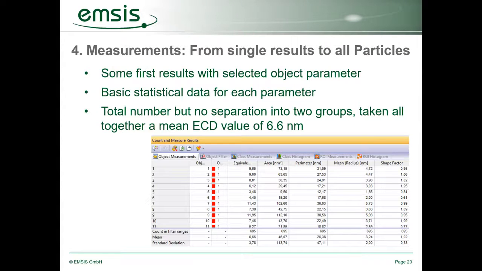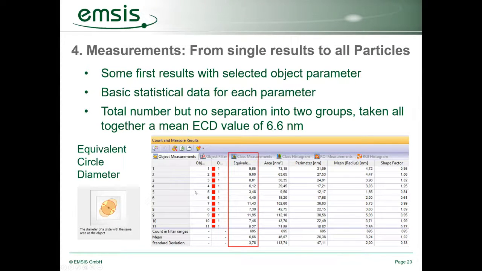And we can grab our first results. So far, I did not create any classification scheme, so my first result will be object measurement. They all belong to one class. They have one color. And if I have a look at my most important particle parameter, ECD, equivalent circle diameter, I get the results for every particle detected.